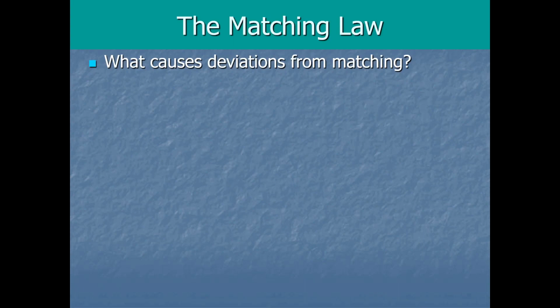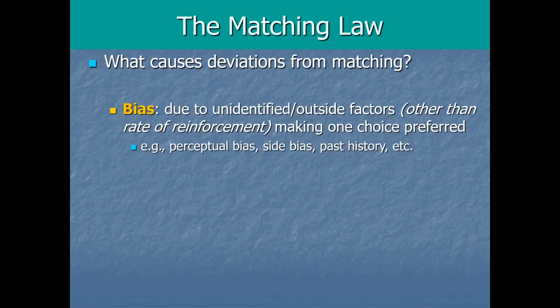One of those sources of why behavior doesn't come out exactly equal to the reinforcement rate is what we call bias. This is just deviations in the behavior due to some unidentified outside factor other than the rate of reinforcement that makes the individual tend to prefer one choice. An example would be if it's easier to see the red light for a particular species.